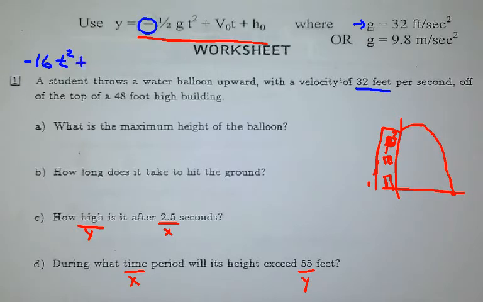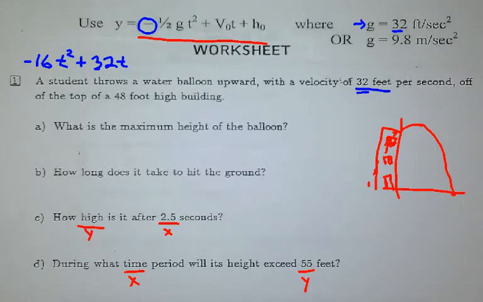Plus. Now then, the velocity, they tell me the velocity is 32, so we're going to put 32 in there. It just so happens that the acceleration of gravity when it falls down is the same as what you're throwing the ball at. This number here had nothing to do with this number here. This is 32t.